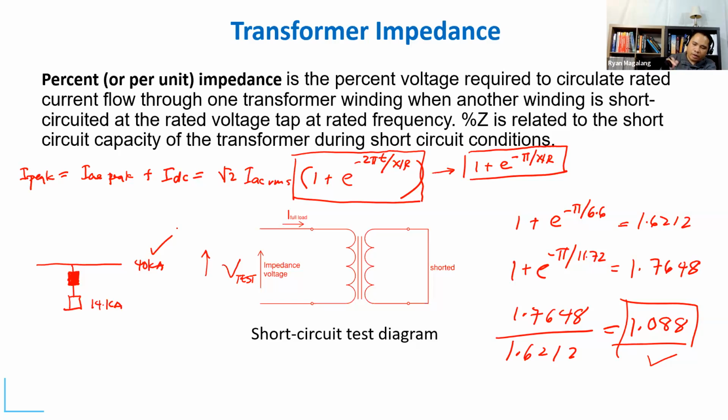It can be a breaker and a fuse, or a fuse and another fuse. If you use two fuses, one of them is current limiting and one of them is not.